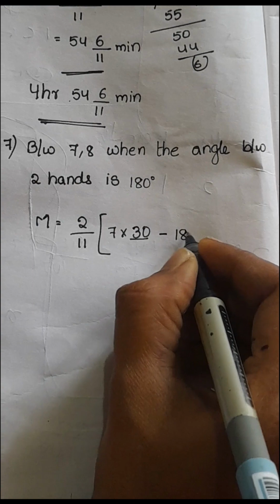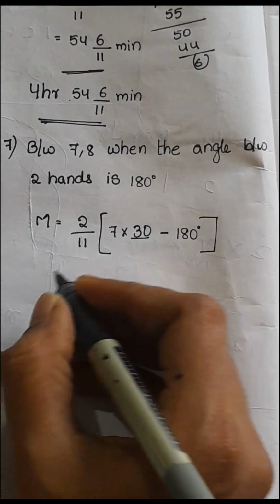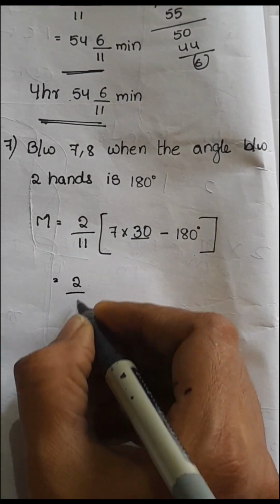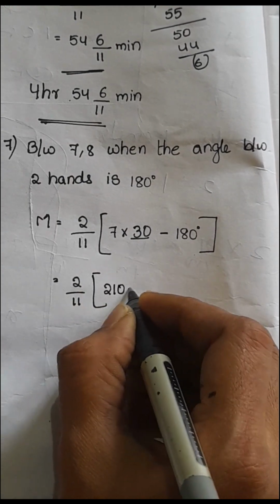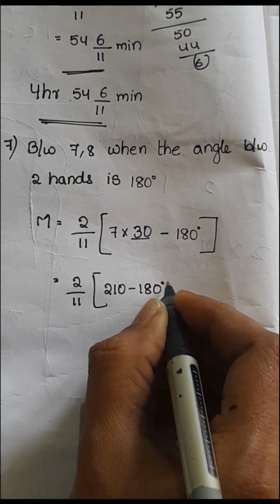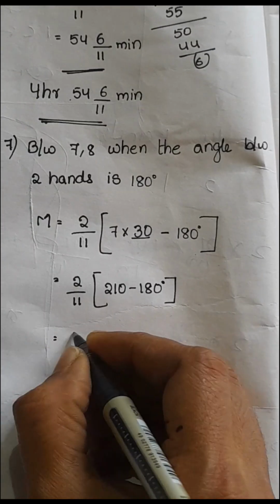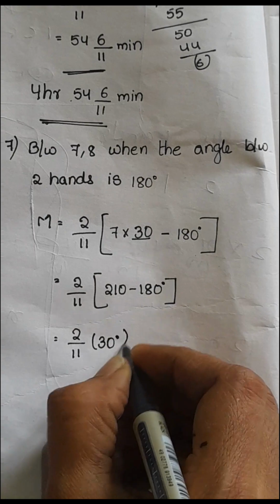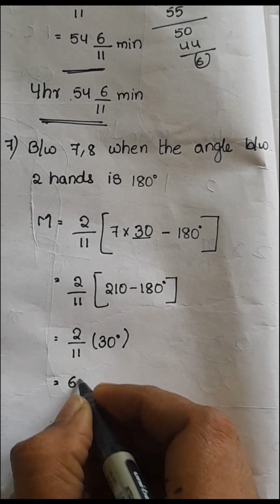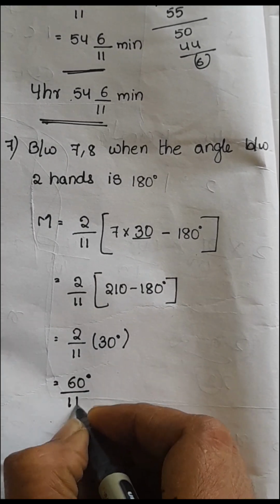Minus 180 degrees, which is equal to 2 by 11 into 210 minus 180 degrees, 30 degrees, 60 by 11.